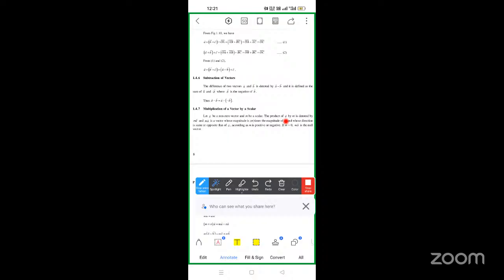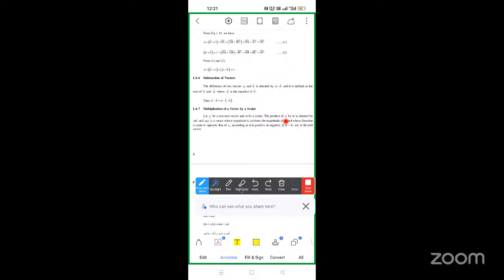So A bar is a vector, and M multiplied by A bar is M into A. MA has magnitude M times the magnitude of A, in both the positive case and the negative case.